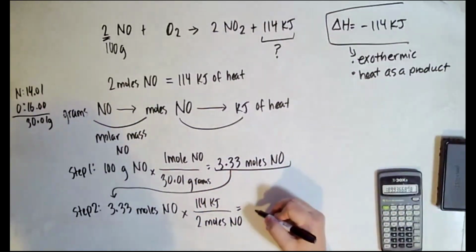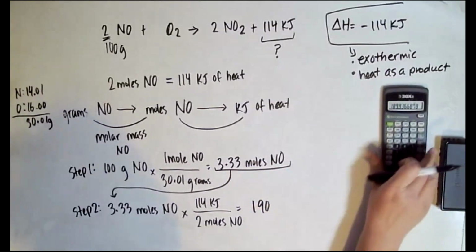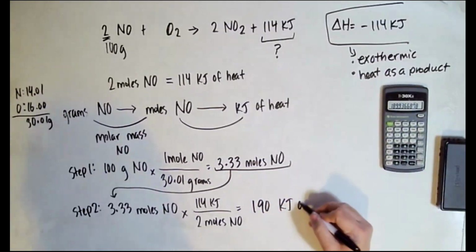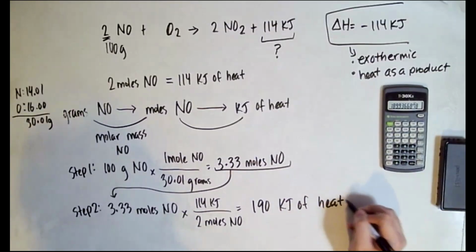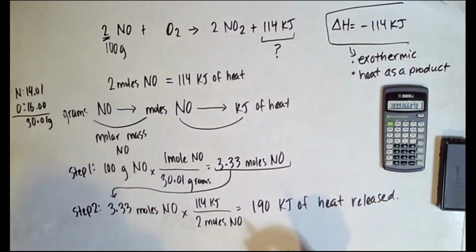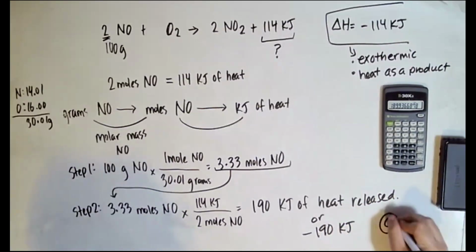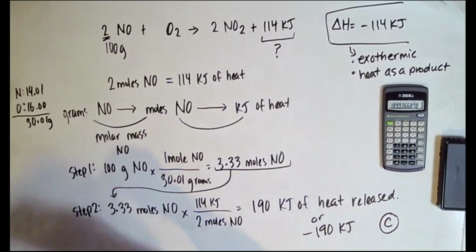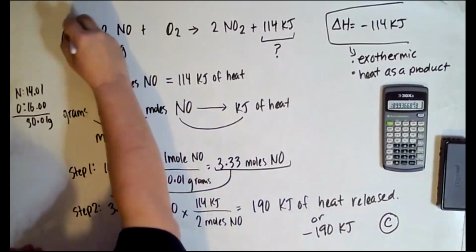I'm going to end up with 190 kilojoules of heat released, which can also be represented with a negative sign. That negative sign represents the fact that our reaction is losing that heat amount. So this for us is going to be answer choice C. This was question 19.